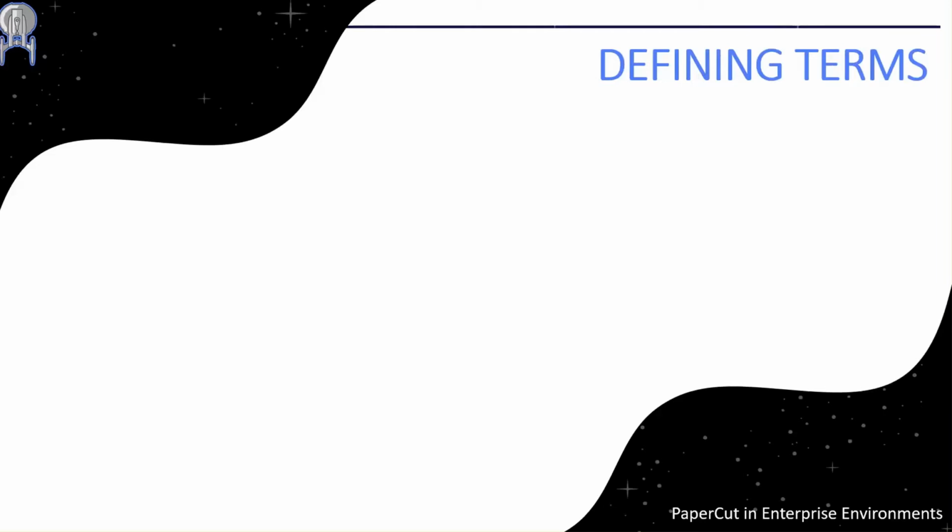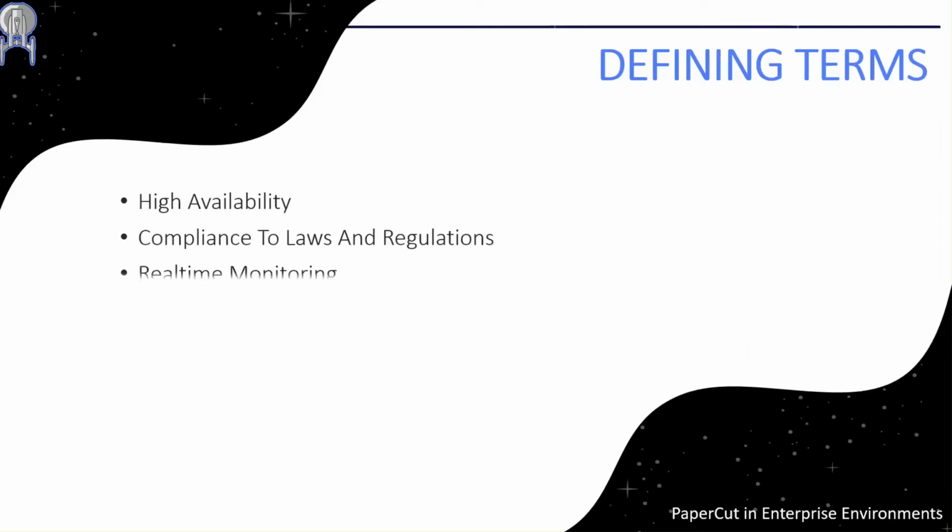Issues that are often irrelevant, or rather not worth investing in for many small companies, include high availability, and seamless failover, compliance to laws and regulations, real-time monitoring, rich trace information for troubleshooting, visibility or a focus on reporting.